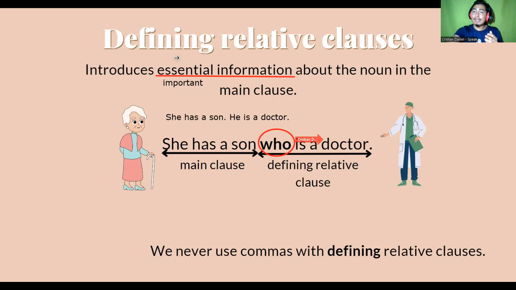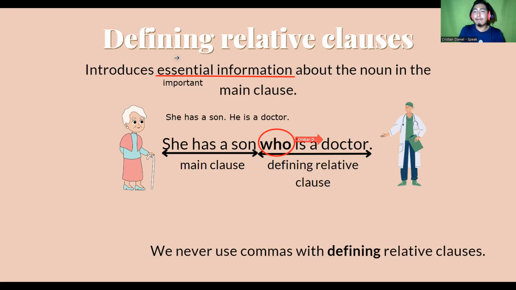A simple sentence should be, she has a son. And there isn't anything relevant. There isn't more information. The only information that we have is that she has a son. But something important, something essential that we want to mention is that her son is a doctor.